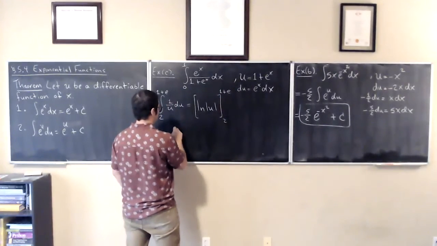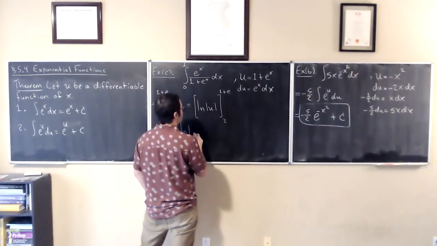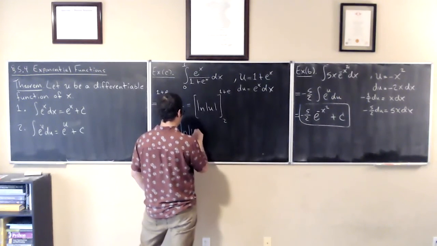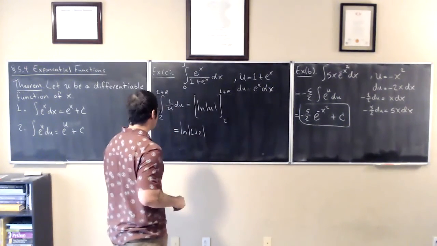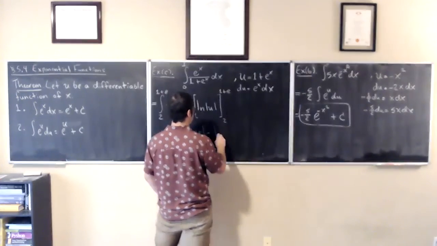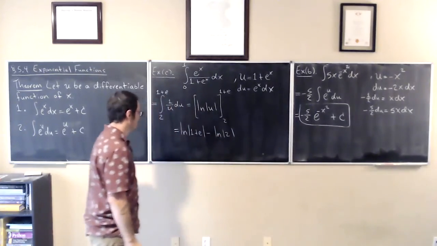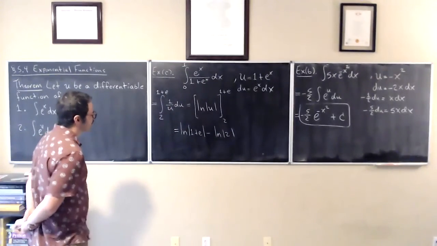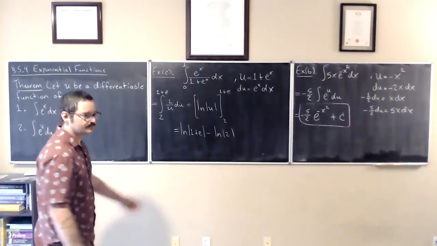So this is natural log absolute value of 1 plus e minus natural log absolute value of 2. Whatever that number is.